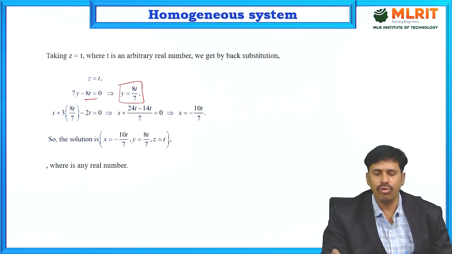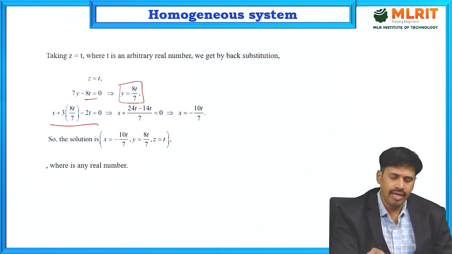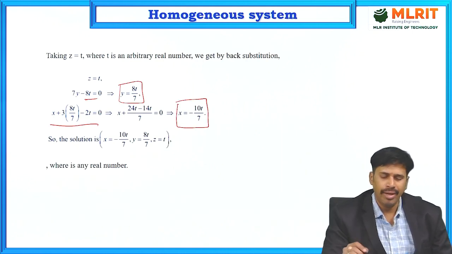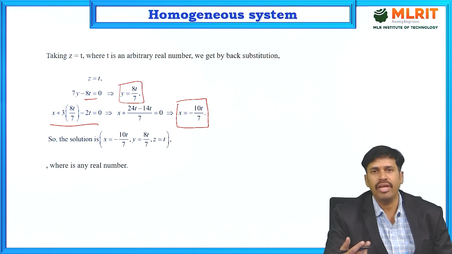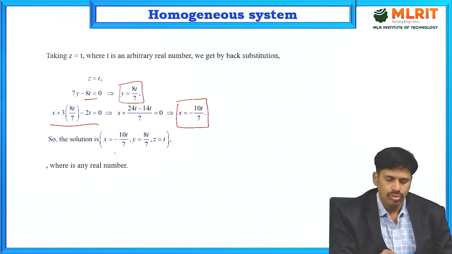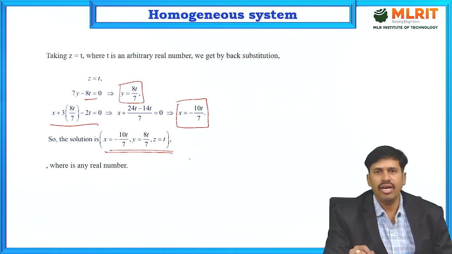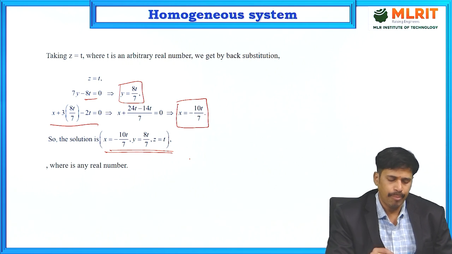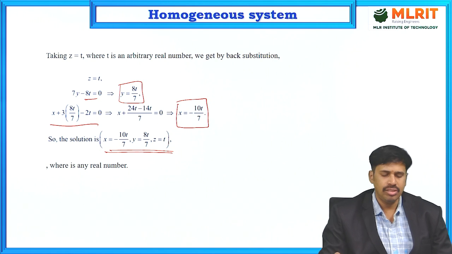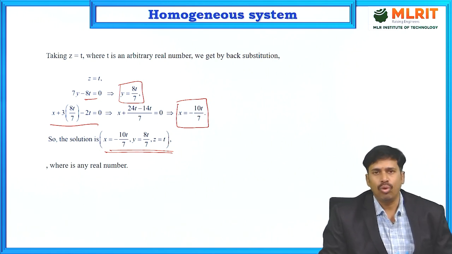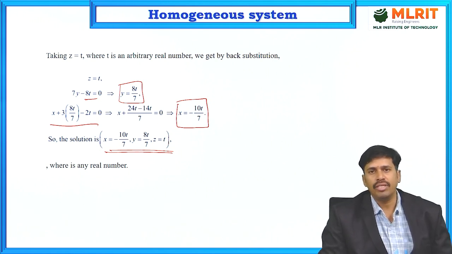So substitute y and z here. I get x value as minus 10 by 7 t. So as you go on changing the values of t, we get different solutions, an infinite number of solutions. So the infinite number of solutions are given by x equal to minus 10 by 7 t, y equal to 8 by 7 t, z equal to t. Right? This is how we find the solution for a system of homogeneous equations.